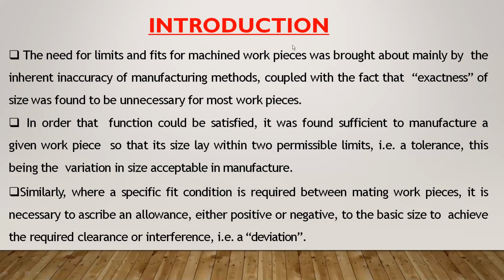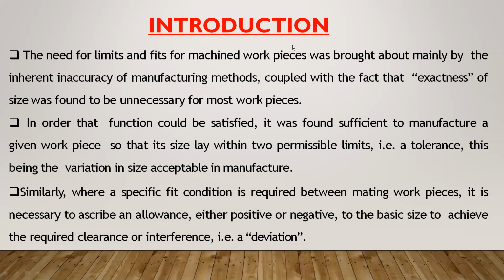Similarly, where a specific fit condition is required between mating parts, that is mating workpieces, it is necessary to ascribe an allowance. So an allowance is mainly a required function between the mating workpieces. Mating workpieces means a pair that is used to join every time.